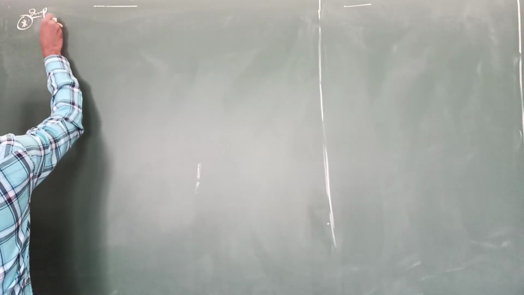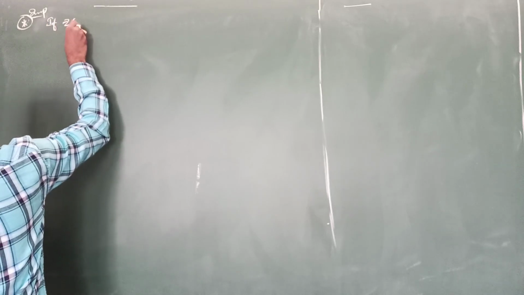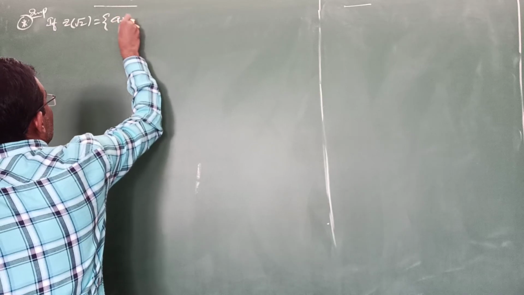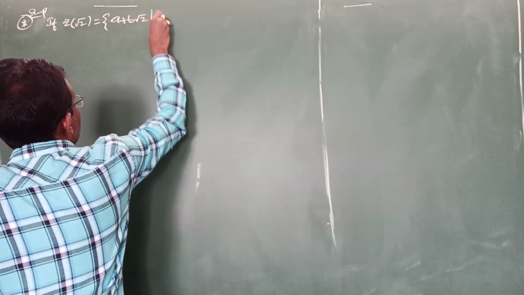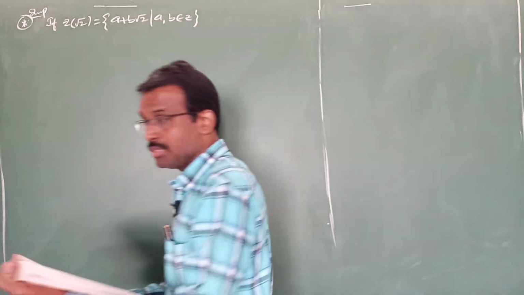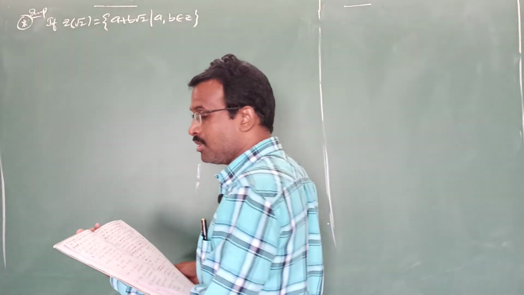If Z root 2 is equal to the set a plus b into root 2 such that a, b belongs to Z, is a ring isomorphism.